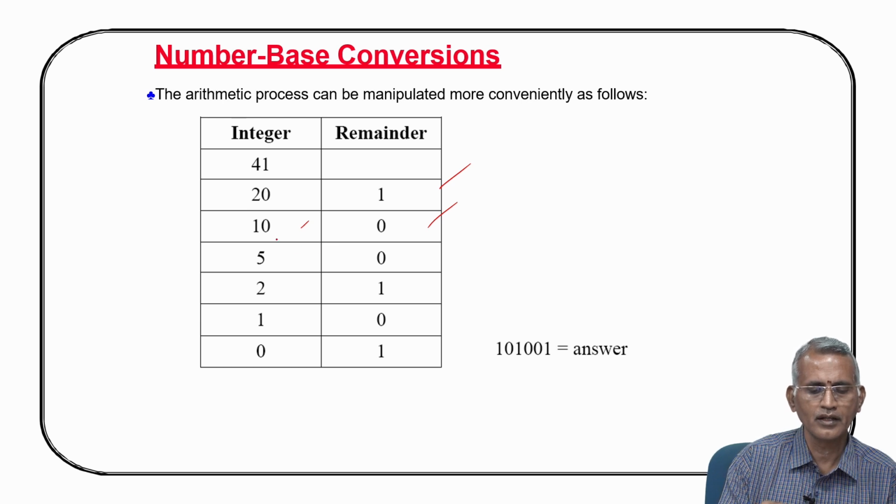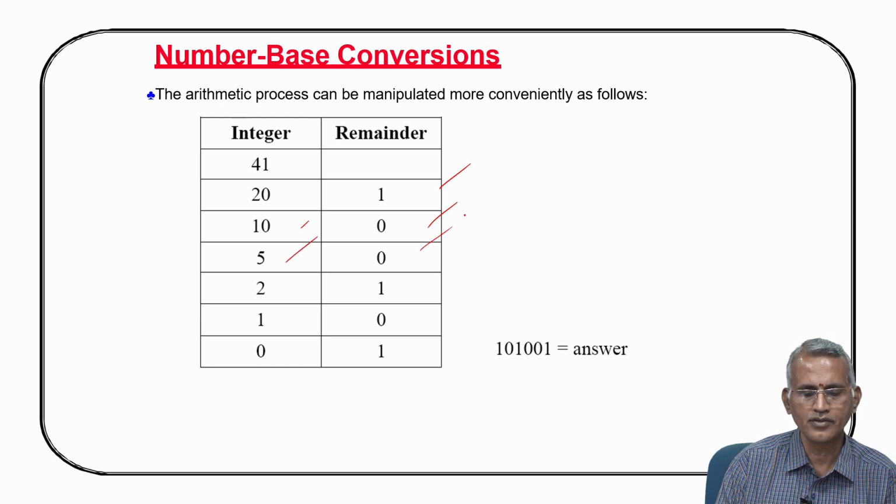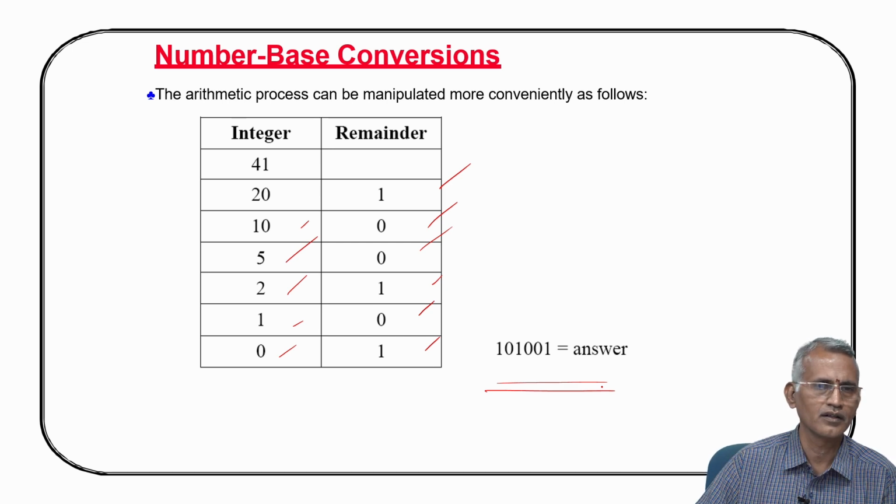Then 10 divided by 2 is 5, remainder 0. 5 divided by 2 is 2, remainder 1. 2 divided by 2 is 1, the remainder is 0, and 1 divided by 2 is 0, remainder 1. Therefore, the conversion is 1 0 1 0 0 1, as previously explained.